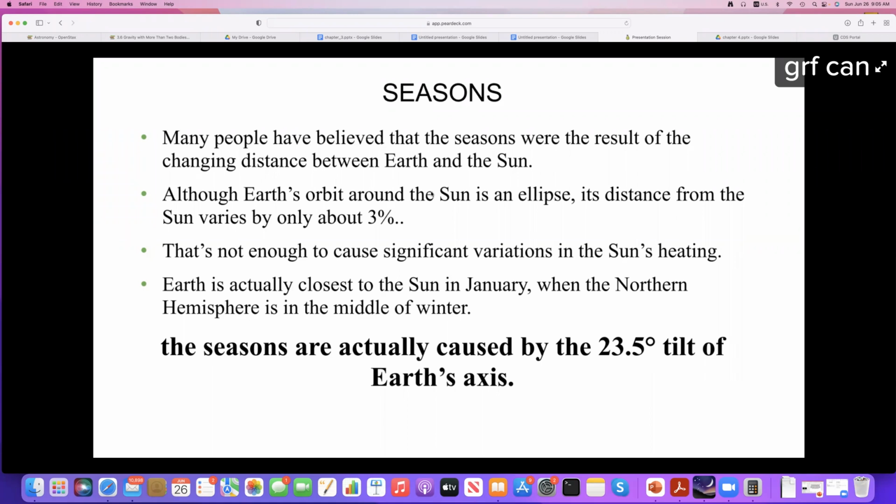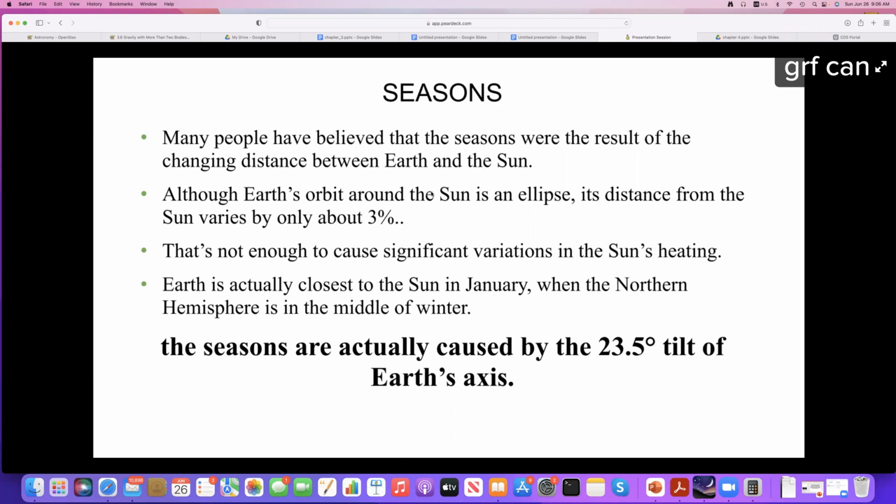And all these facts tell us that the reason for having different seasons is not that we are in an elliptical orbit and the distance from the Sun to Earth keeps changing, right? So that is wrong. There is no major effect from that.